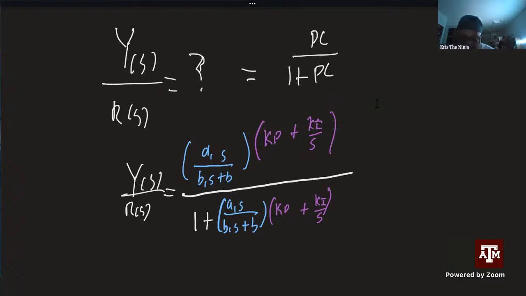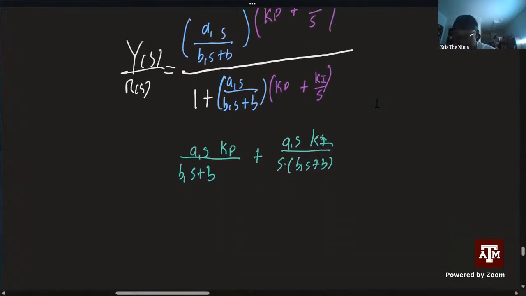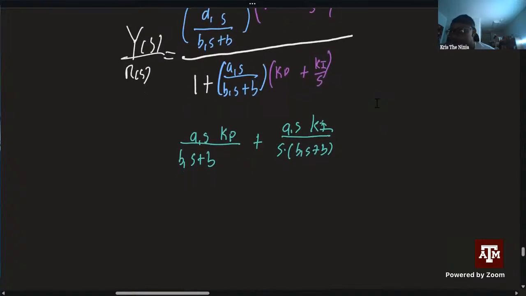So we have A1 s times KP over B1 s plus B. And then we're adding that to A1 s KI over s times B1 s plus B. Now we need to get common denominators to add them together.